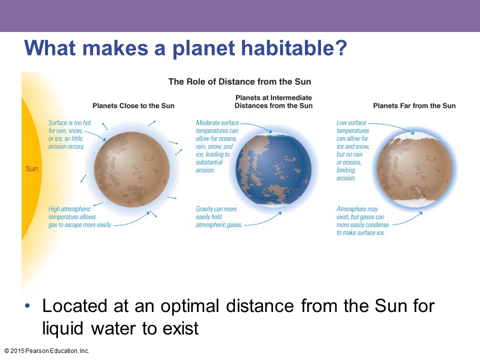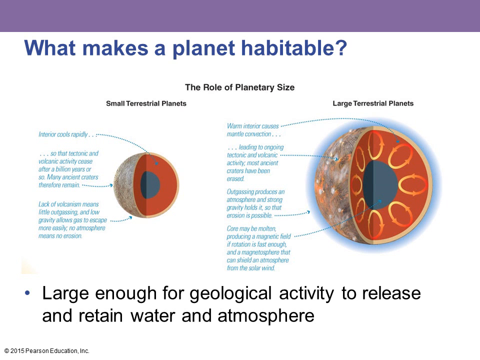These are pictures taken from page 206 of your book. What else makes a planet habitable? Well, it needs to be large enough for geological activity to release and retain water and have an atmosphere. So the smaller terrestrial planets would not have an atmosphere because there's nothing to protect the atmosphere from the solar wind blowing it away.